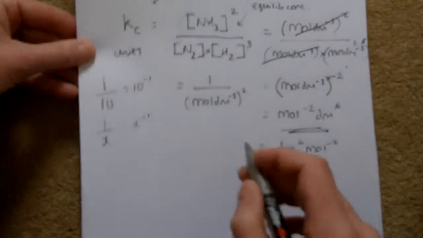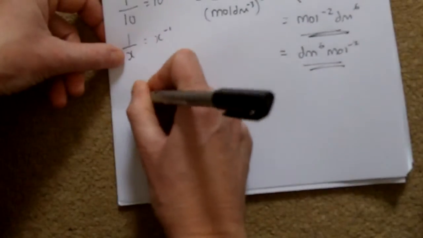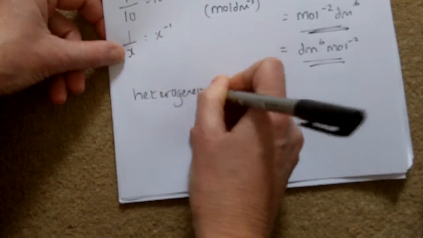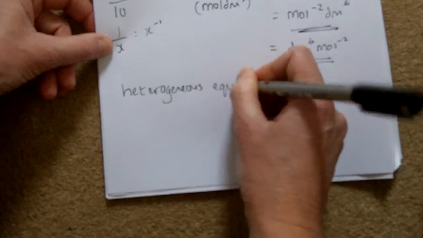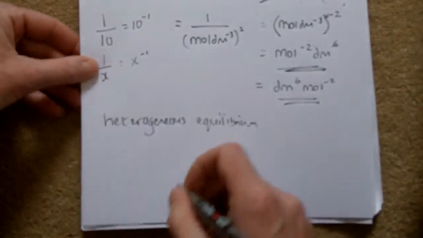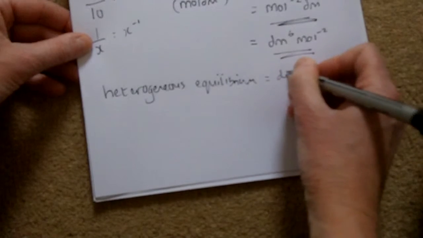When they're not in the same state, that is called a heterogeneous equilibrium. When the equilibrium species are in different states.